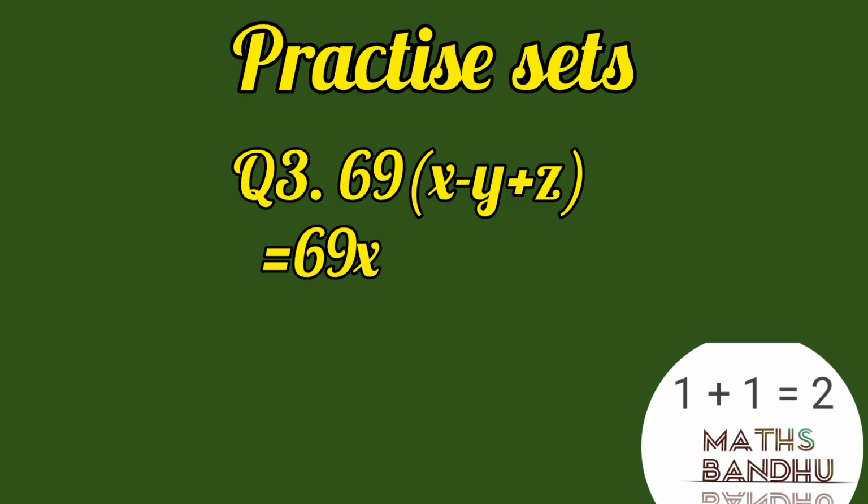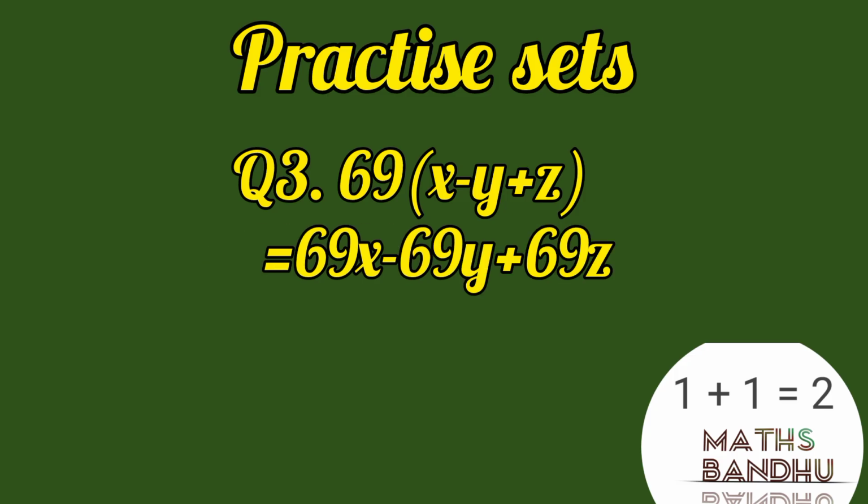Plus and a minus is minus, so 69 into y, merged, is minus 69y. Then plus and a plus is plus, so it will be plus 69z. So our final answer will be 69x minus 69y plus 69z.